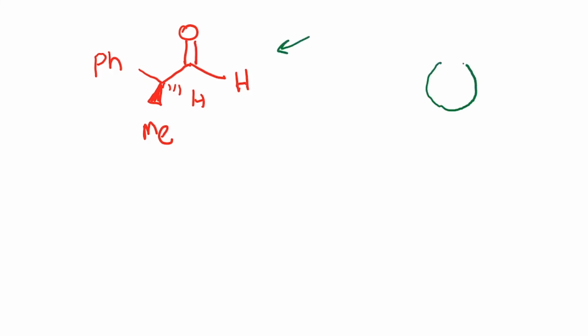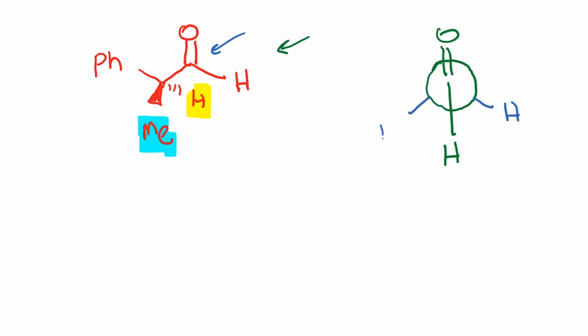So I have C double bond O H. I'm going to be careful and label this in different colors: this hydrogen is going to be in yellow, and this methyl is going to be in blue. If I'm looking at it from here, the hydrogen is on my right and the methyl is on my left, and the phenyl ring is actually eclipsing the carbonyl. This is how I would draw this.